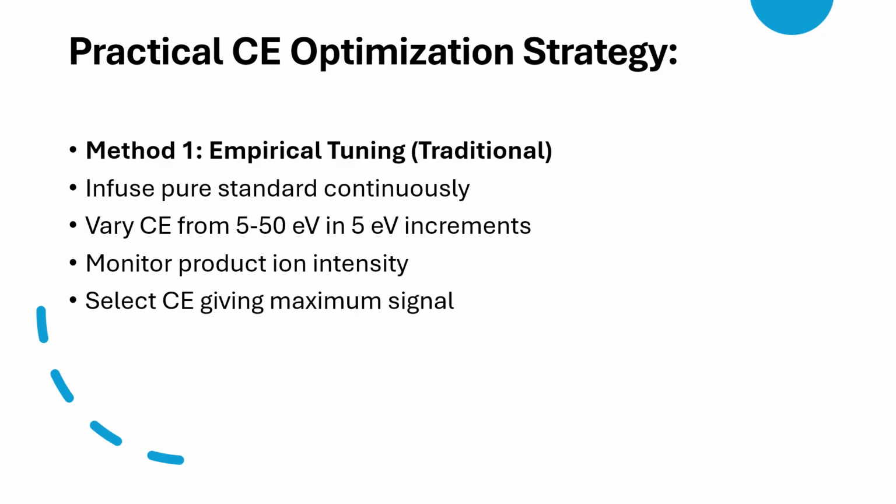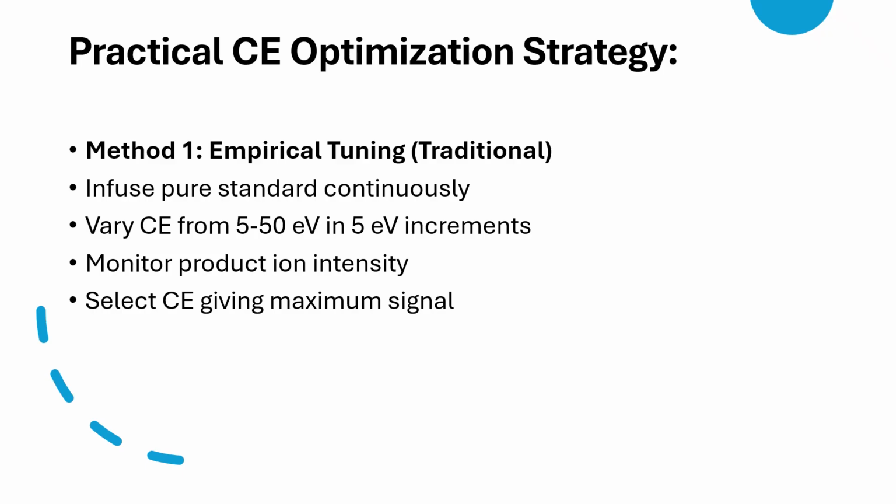The double peak phenomenon occurs because of B-type and Y-type fragments. They have different energy dependencies. So this is especially important for peptides but also applies to many organic molecules.